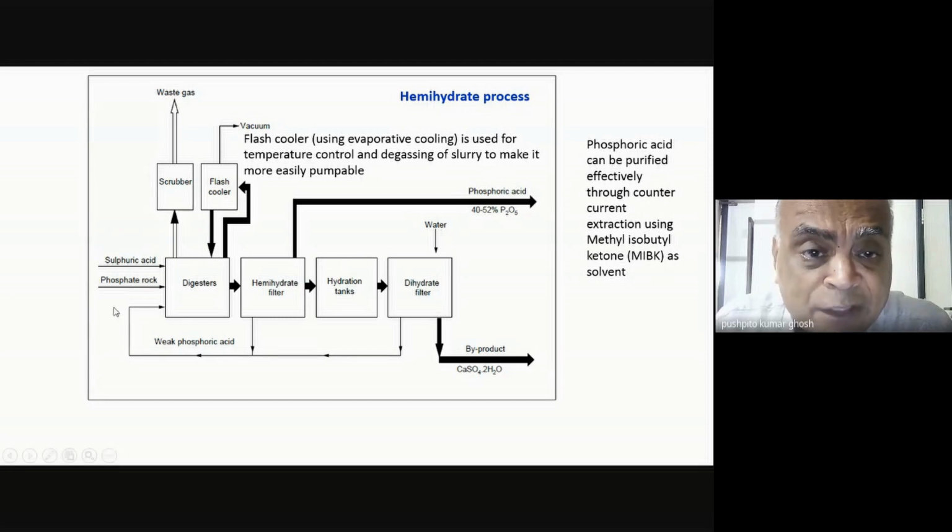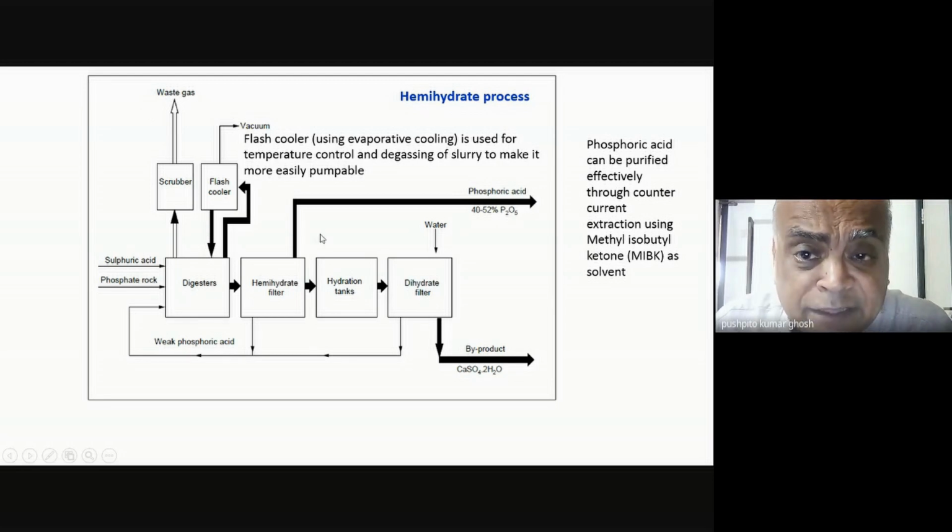So the vacuum serves that other purpose: you are also degassing the reaction mass besides doing the flash cooling. You have a scrubber here, and that scrubber is taking the waste gases which are being formed.